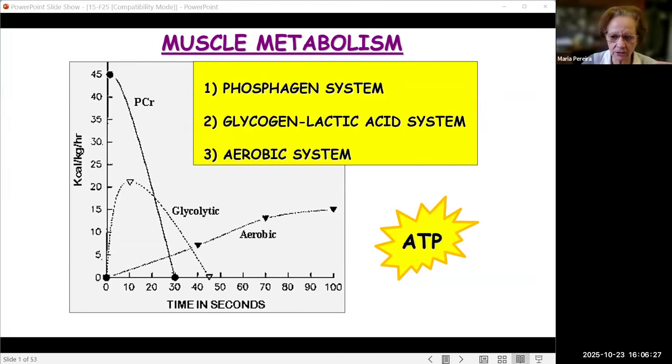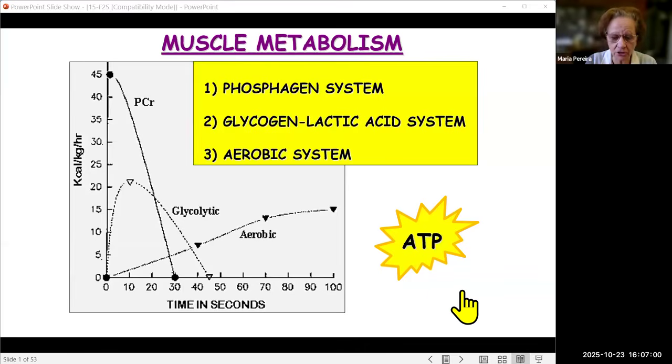And the communication between the motor neuron, or the signaling between the motor neuron and the muscle fiber or the muscle cell. Okay, so now then we moved on to the contraction, relaxation of the muscle fiber, how that electrical signal is converted into movement, into tension, into force, and with the use of ATP.